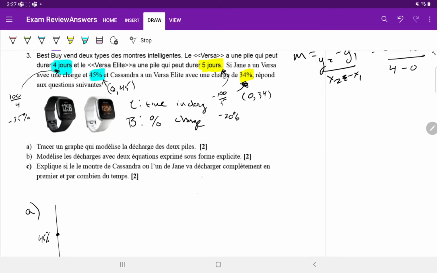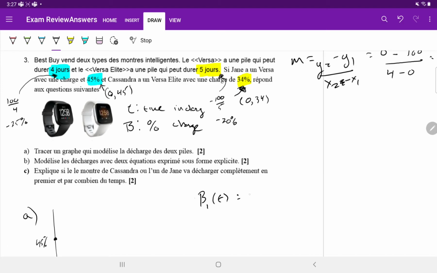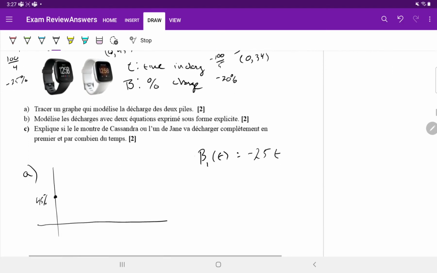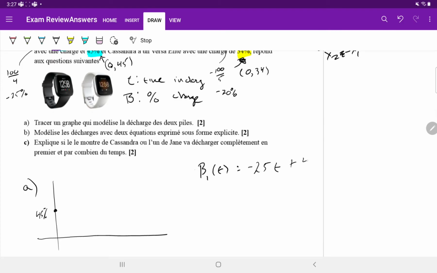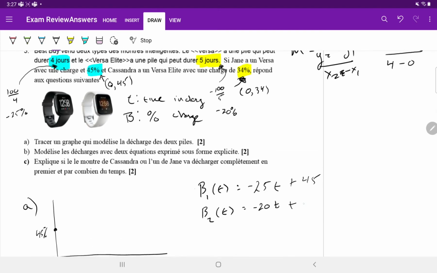I'll call it watch B1 of t is going to be equal to, B1 is the Versa, so it loses negative 25% t, and its initial is 45, plus 45. And the Versa Elite loses 20%, and it starts at 34. I'll say this is Versa, and this is Versa Elite.